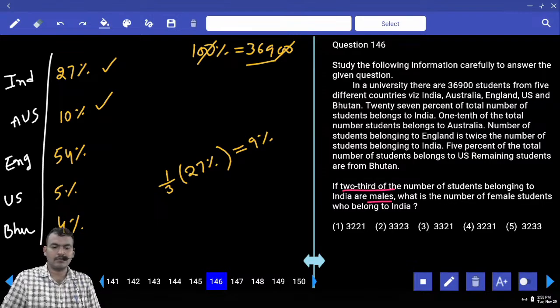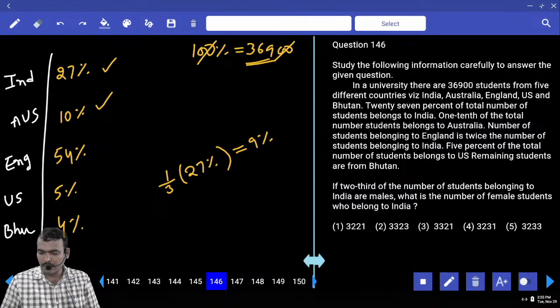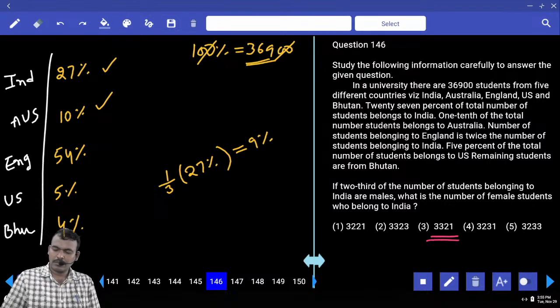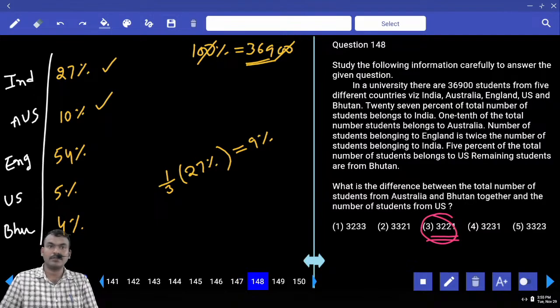Answer should end with 100. Which option? Fourth option. 369, 3 multiple. Sorry, one more option. 3321. Third option. 3321. Third option.